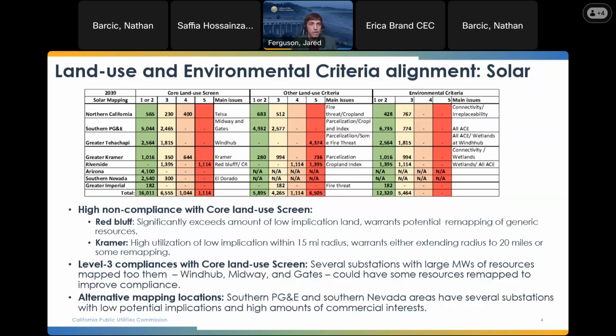And generally where we are looking for those remaps are two areas where we have generally good alignment with these environmental and land use criteria, and also a fair amount of commercial interest. Those are the southern PG&E area, that Central Valley area, as well as southern Nevada. Both areas have some substations with lower potential implications and high amounts of commercial interest. Next slide, please.